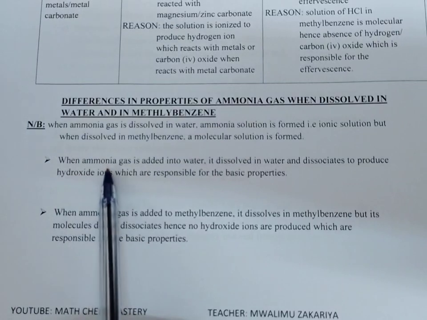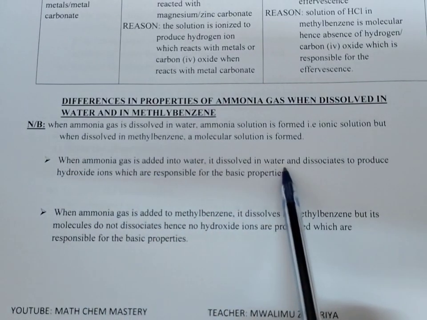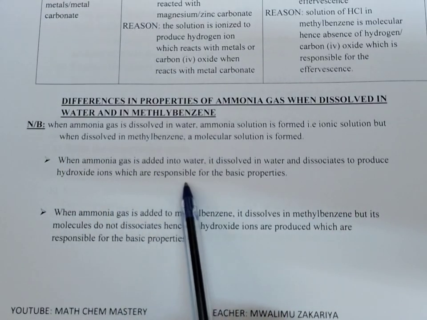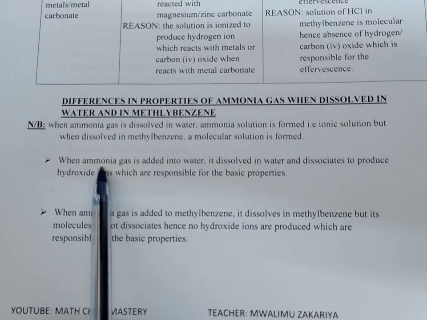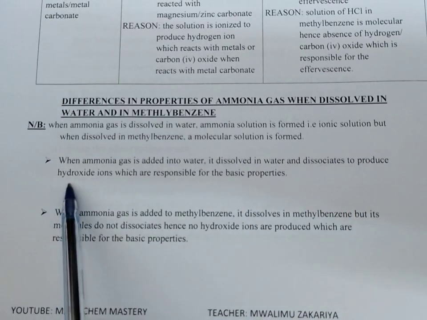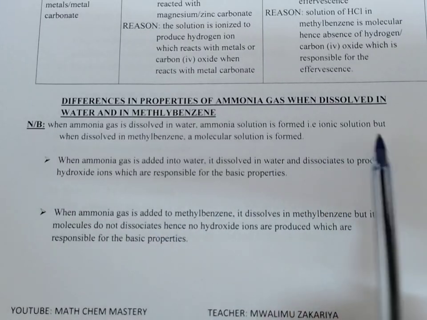When ammonia gas is added into water, it dissolves and dissociates to produce hydroxide ions, which are responsible for the basic properties. This hydroxide ion is the one which is responsible for the basic property. That means we are forming an ionic solution.